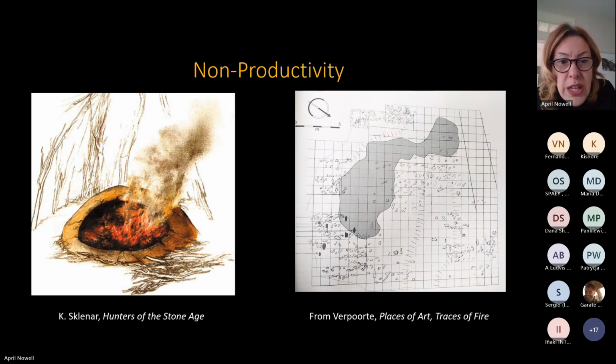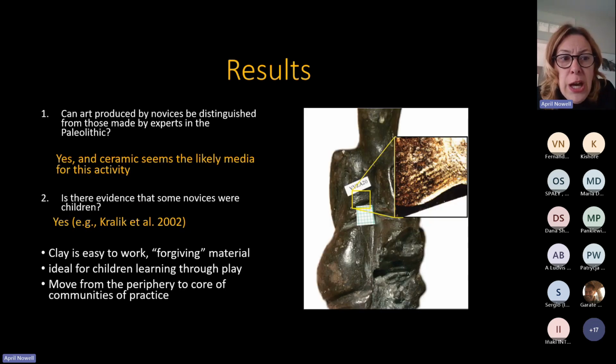So if we go back to those research questions, what can we say? Well, our first question was, can art produced by novices be distinguished from those made by experts in the Paleolithic? And we think yes.